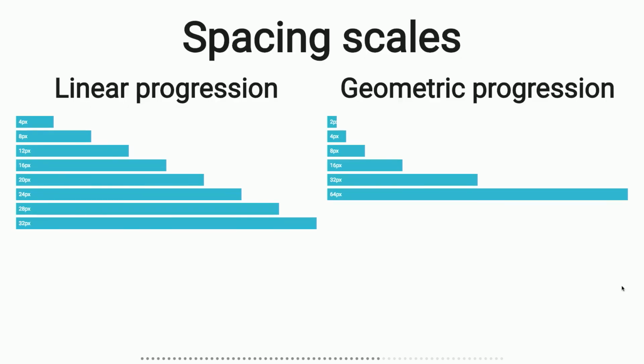The first is linear progression, when each value has a fixed increment, like we have 4 pixels, 8 pixels, 12 pixels, 16 pixels, etc. And the next one is geometric progression. It's when each value is 2 times bigger than the previous one. Personally, I think geometric progression is better because values are more distinct from each other and it's easier to choose one. And with linear progression, for example, 24 and 28 pixels are very close to each other.